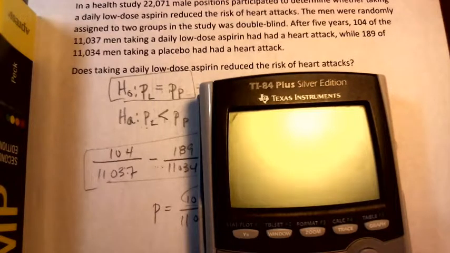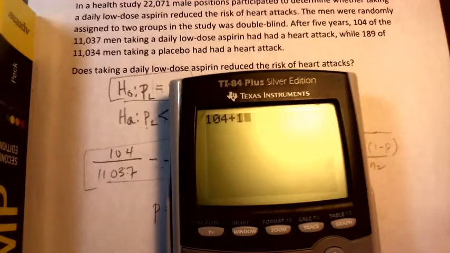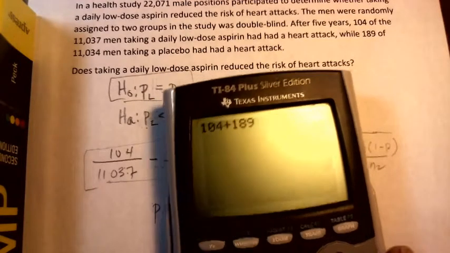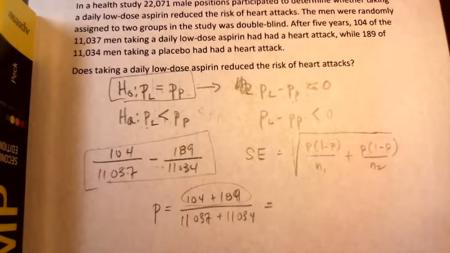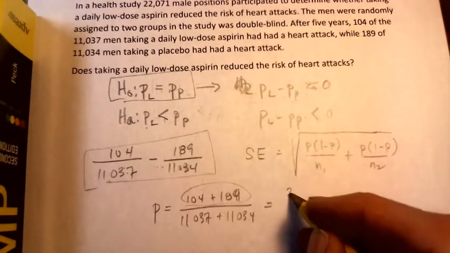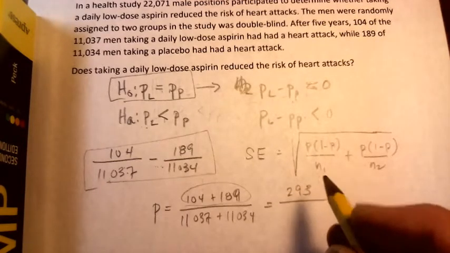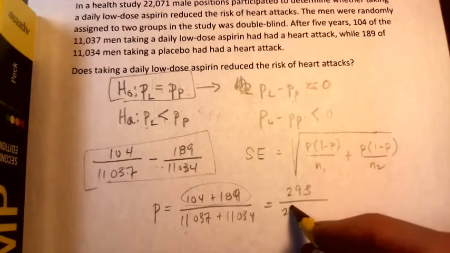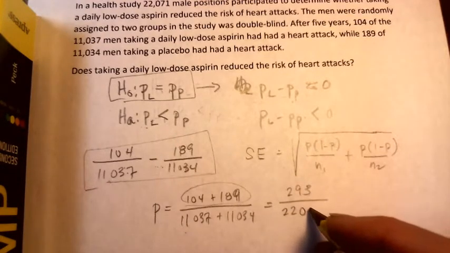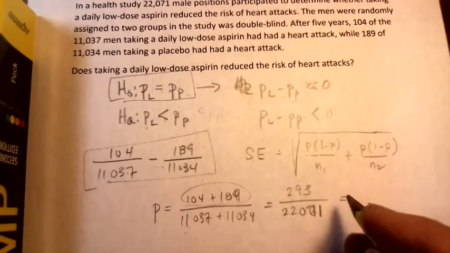Total number of people that got heart attacks, 104 plus 189 equals 293. So altogether there were 293 people that got heart attacks out of 22,071 people altogether.